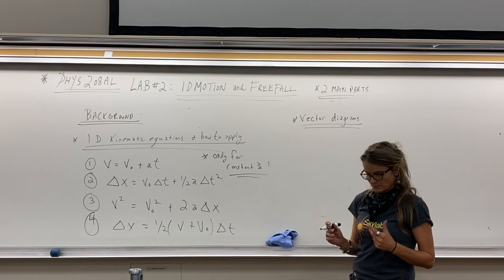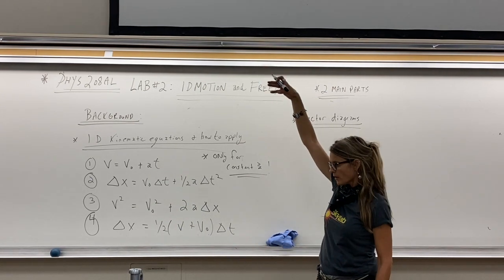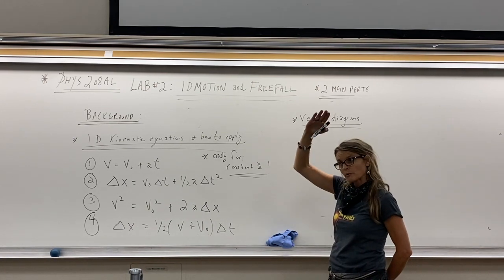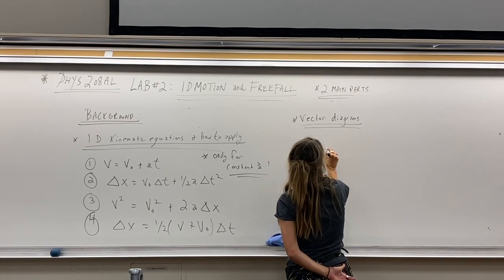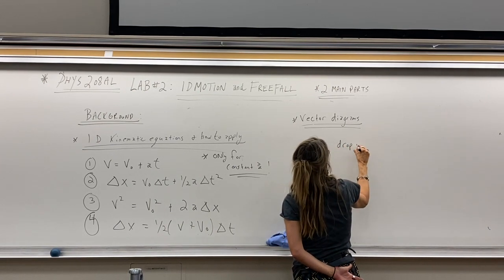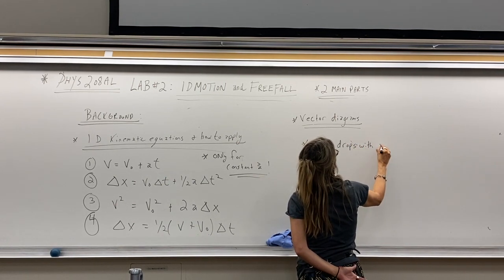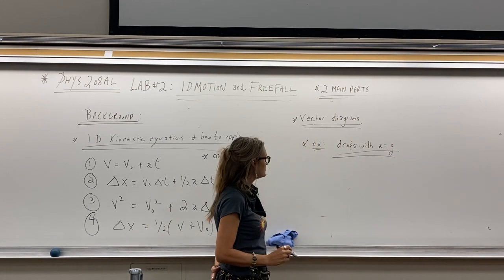When we're dealing with motion, let's say we drop an object, again like the ball, what would this vector diagram look like? So here's an example for drops with a equal to g, the acceleration due to gravity only.